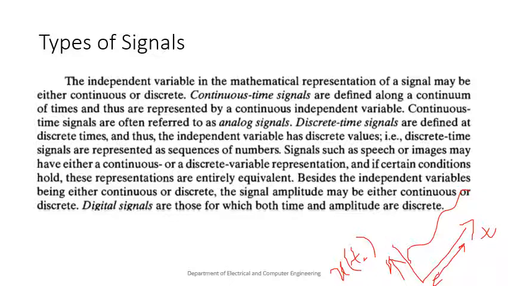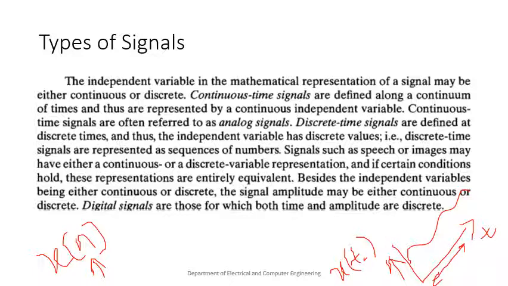Now, when we talk about discrete signals, discrete signals usually do not appear naturally. For example, when we are doing some sort of sensing or calculating something, we use discrete signals to represent some meaningful information. We usually represent a discrete signal as x of n. Because of this n, we usually call a discrete time signal a sequence as well.